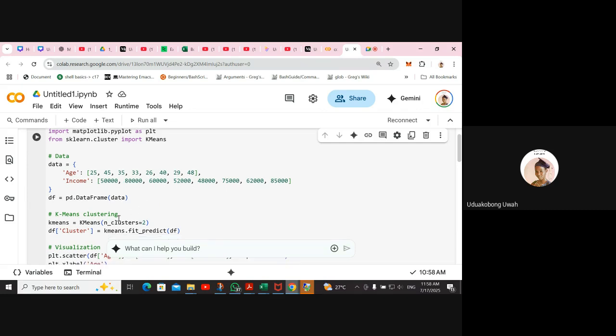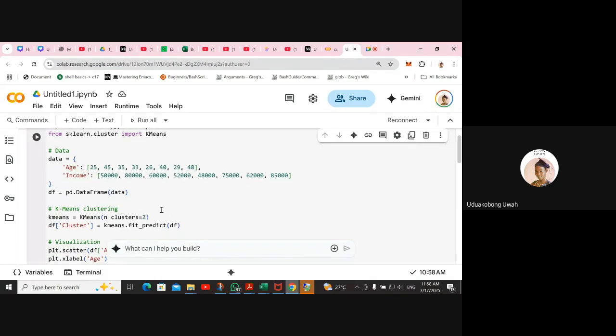Of course, you've seen my n_clusters, and I want to cluster it into two groups. If it's 3 here, you know it's 3, but in this case I want to ensure that it is 2. I talked about this in the last class. This one ensures reproducibility, so each time I run it, it still produces the same results.